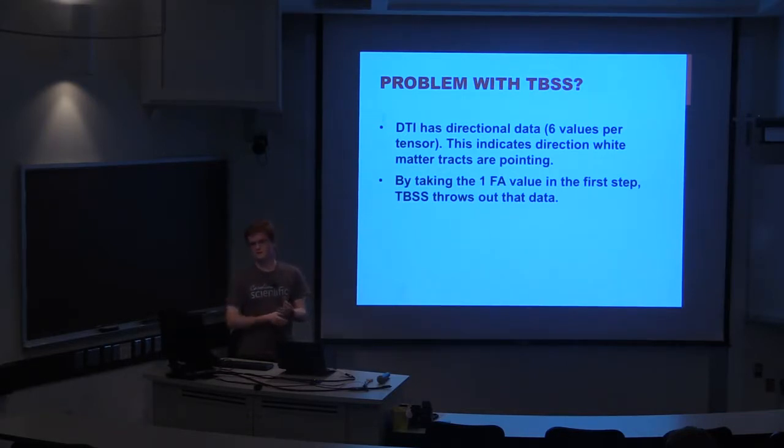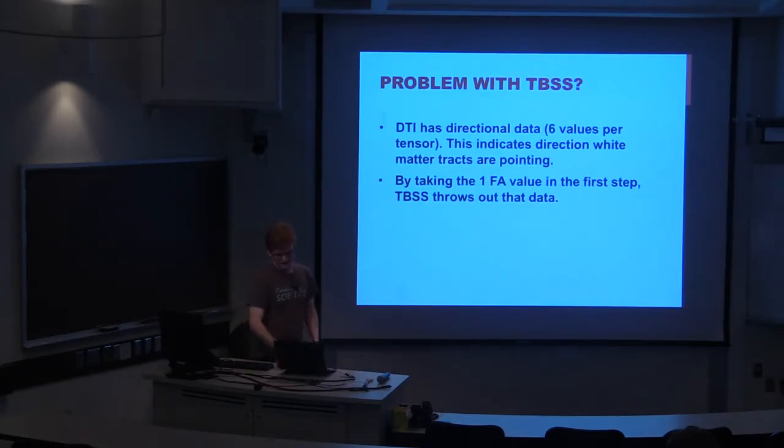So TBSS could be saying, okay, these totally indicate the same area of white matter, whereas that's just not true. So at the end of the day, TBSS just ends up throwing out a lot of data that causes a lot of problems.